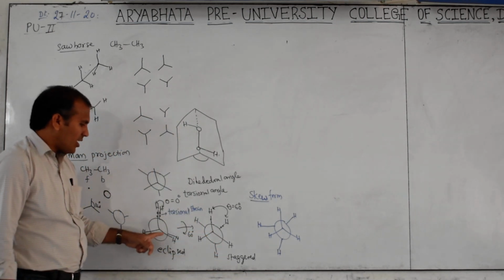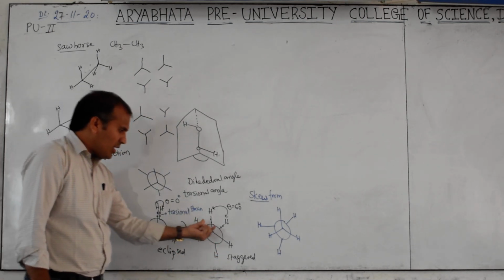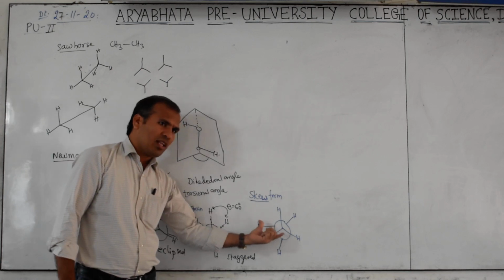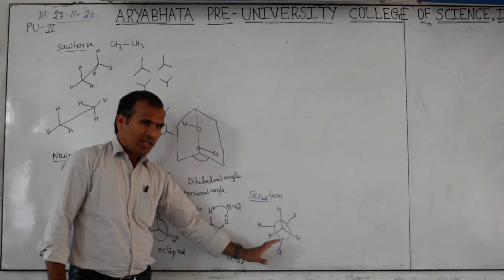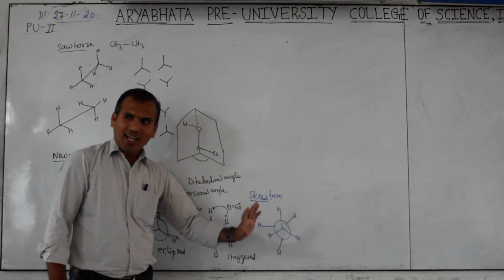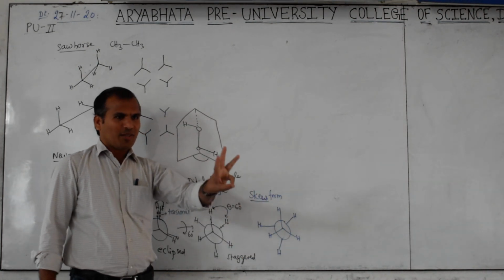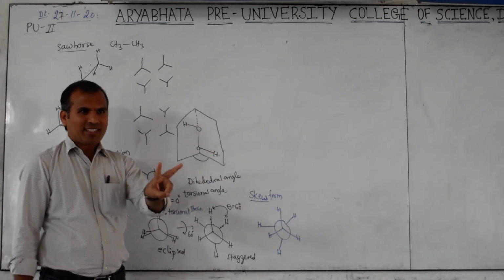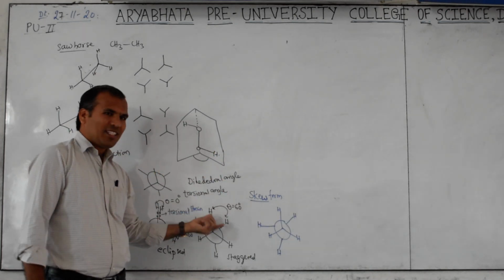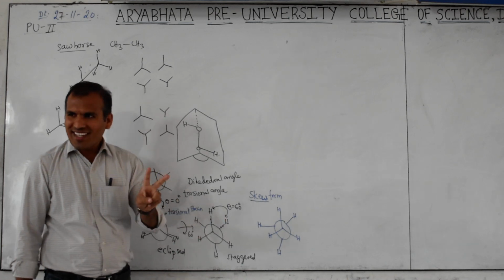If it is like this, I told you 60, but this form and this form, do they look the same? No. It means it is not 60, it is not 180, it is not 0. It is other than the three angles. Got the point? We cannot say other than the three angles, only two angles we can say here, because 180 is nothing but 60 only. Got the concept?